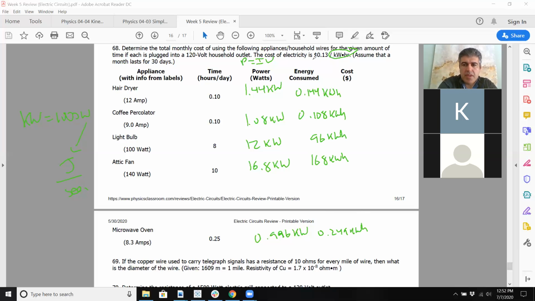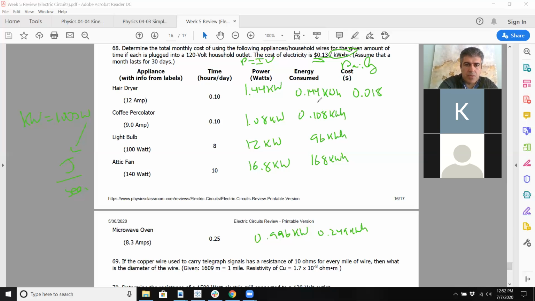Then you want the cost, and it's 13 cents. So you multiply each by 13 cents. We're doing a daily cost just for now, just so you know. So that's 0.018.